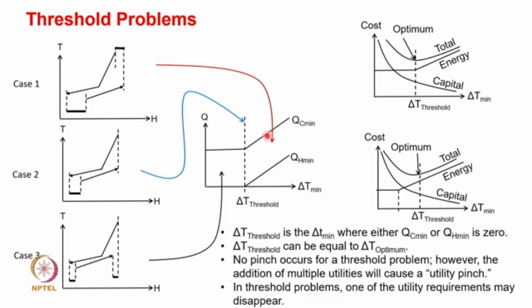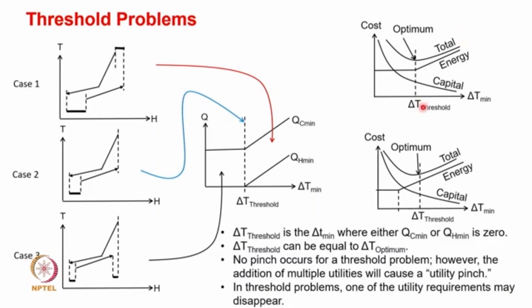Whatever cold utility we see at the threshold will still remain. When you move it further backwards, it will be the sum of the cold utility at this point and this point.